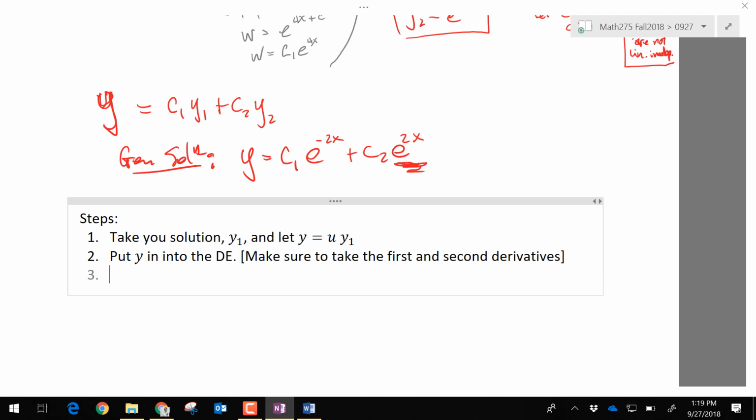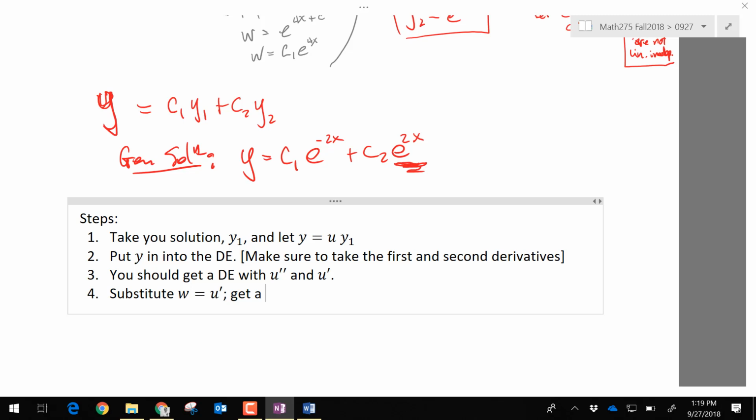And then you'll have a DE with y double prime and y prime. Substitute w equal to y prime, right?